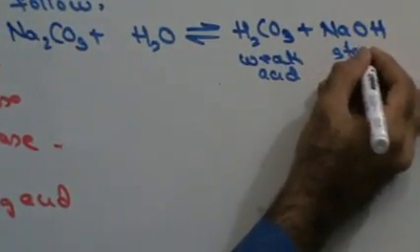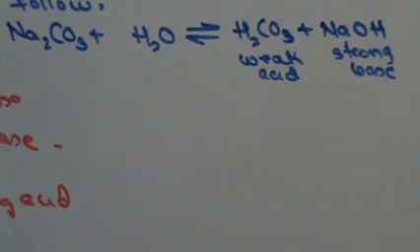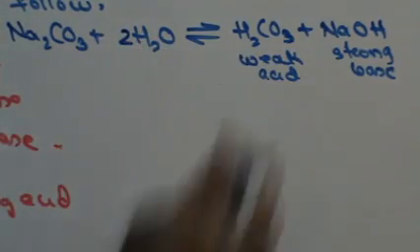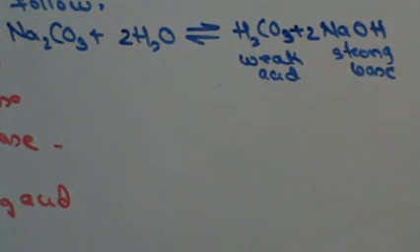This is strong base. The reaction is not balanced. H is 2 here and H is 3 here, so I can put 2 here. Sodium is 2, so put 2 here, so you will get 2 sodium hydroxide. Okay, now the reaction is balanced.